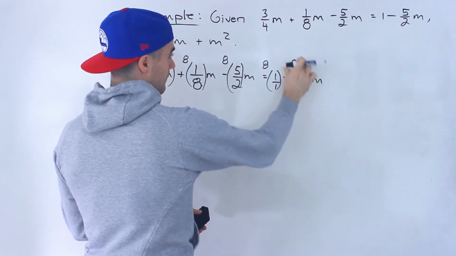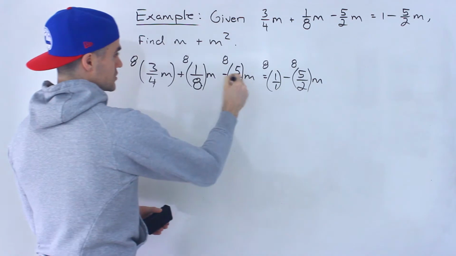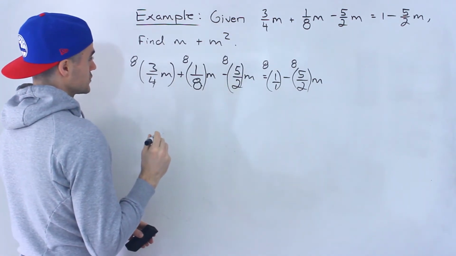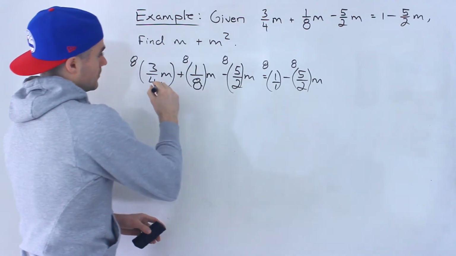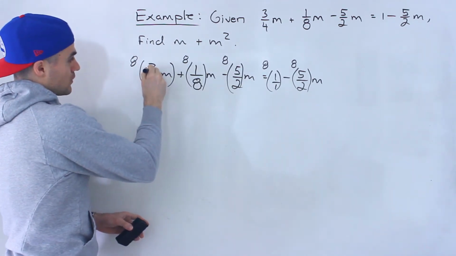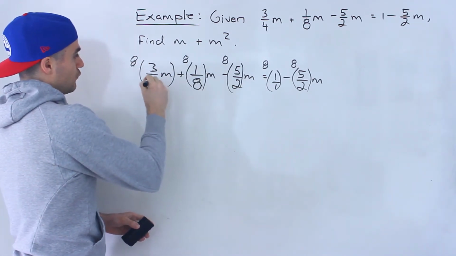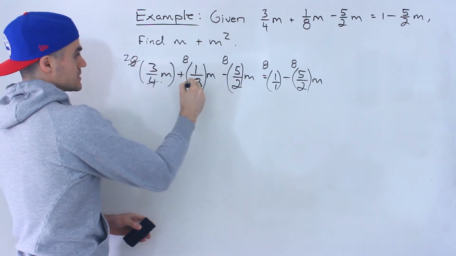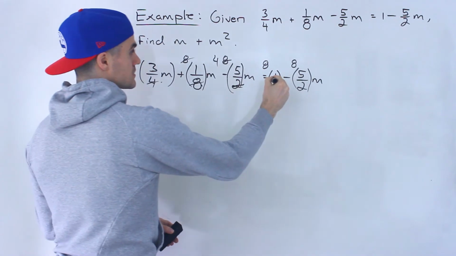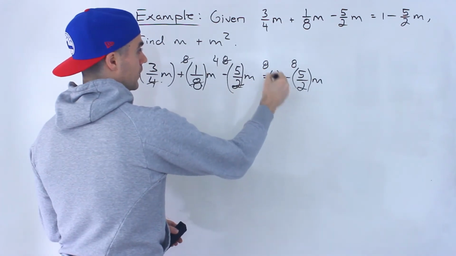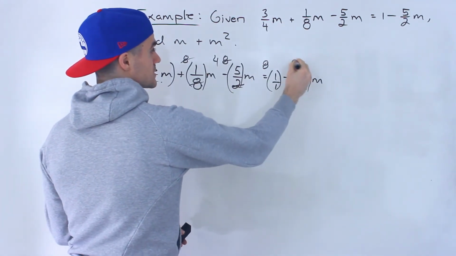We're really multiplying the m by the 8 as well, but I just circled the fractions there, except for this one, where I circled the whole thing. Anyway, 3 over 4 times 8, what's that going to be? Well, 4 goes into 8 twice. Notice these 8s would cancel out. 2 goes into 8 4 times. 1 goes into 8 8 times, and then 2 goes into 8 4 times.